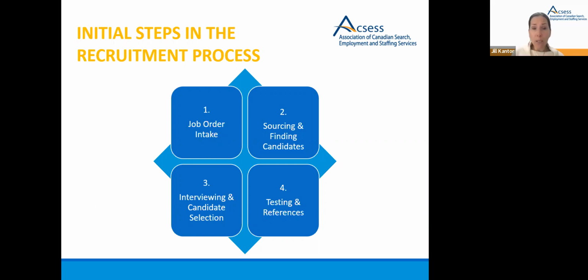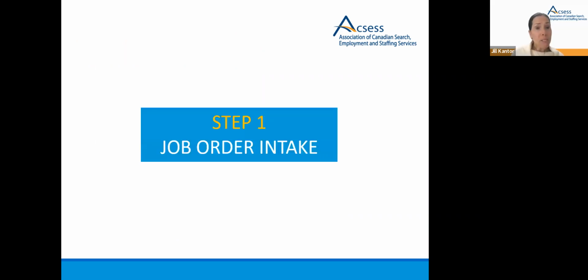But as an overarching theme, this is really the crux of what we do, right? First, we have to learn about the job, whatever desk we're sitting on, whether you're a 360 or a 180. Then you have to find the candidates, and then manage the interview process and select them, and then manage that process with the client and do some testing. So let's start with number one and take a look at the job order intake.